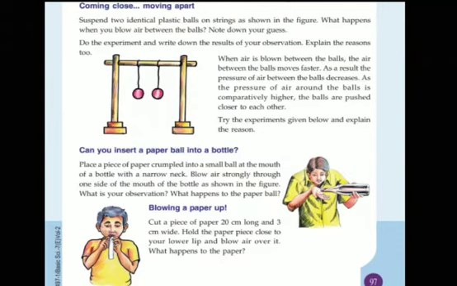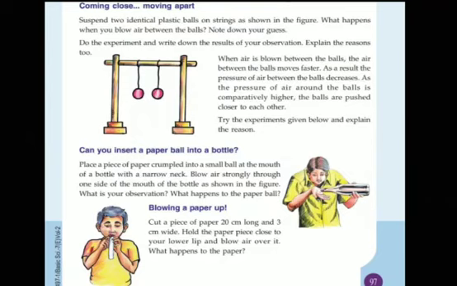Similarly, another example: place a lighted candle on a table and try to blow air onto the flame using a funnel as shown in the figure. What happens to the flame? When you blow the air through a funnel, the candle flame is not put out.